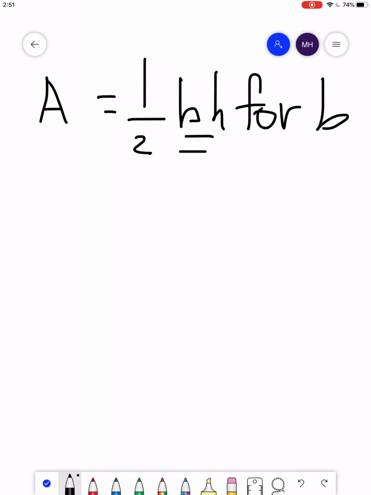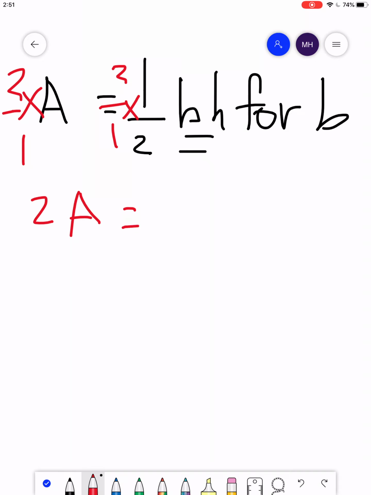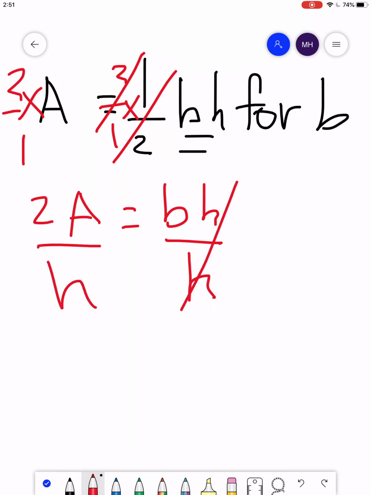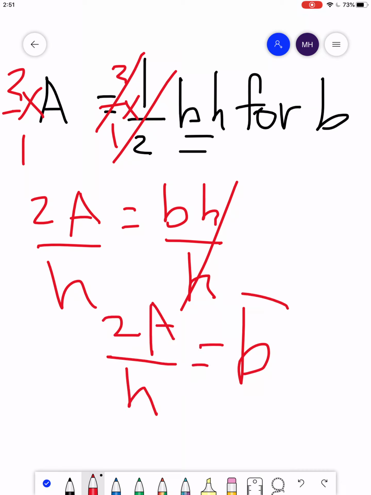So as I told you, I multiply both sides by the reciprocal of half, which is 2 over 1. Here multiply 2 over 1, then 2a equals, this will cancel this, bh. Now I divide both sides by h, then I have b equals 2a over h.